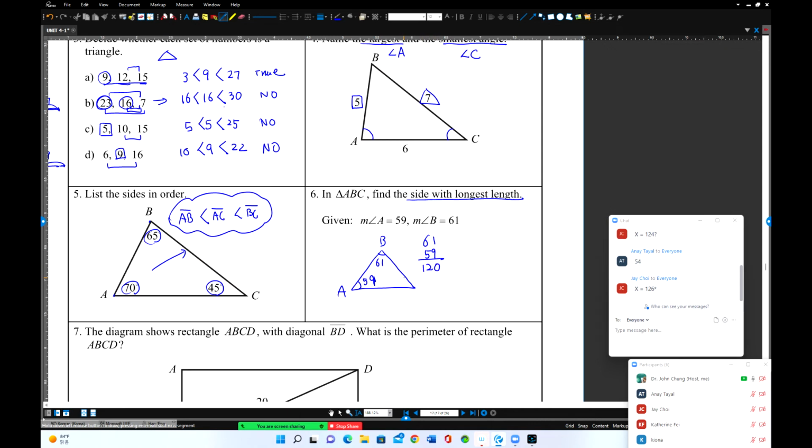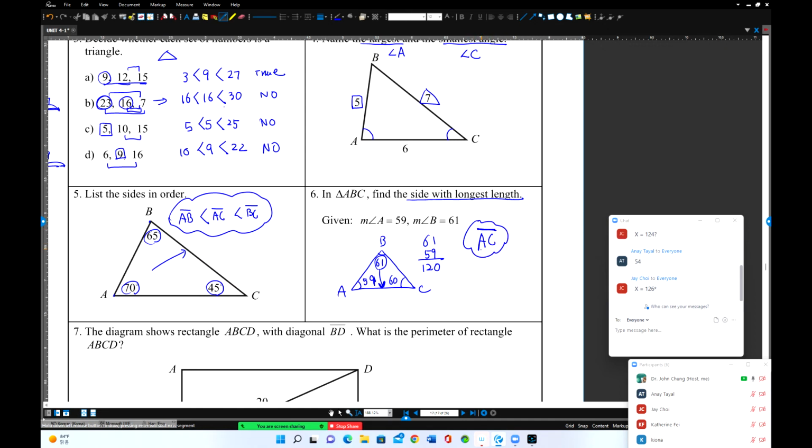But 180 minus 120, this angle is 60. To find the longest length, we're going to find the greatest angle. Which angle is the greatest? This one should be C. So the opposite side has the longest length. AC is the answer.